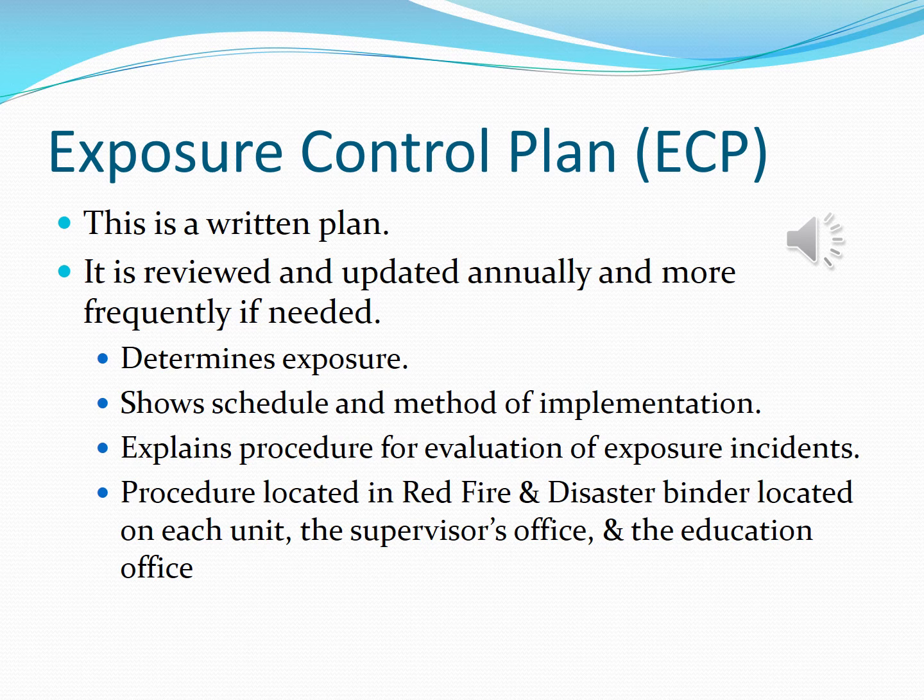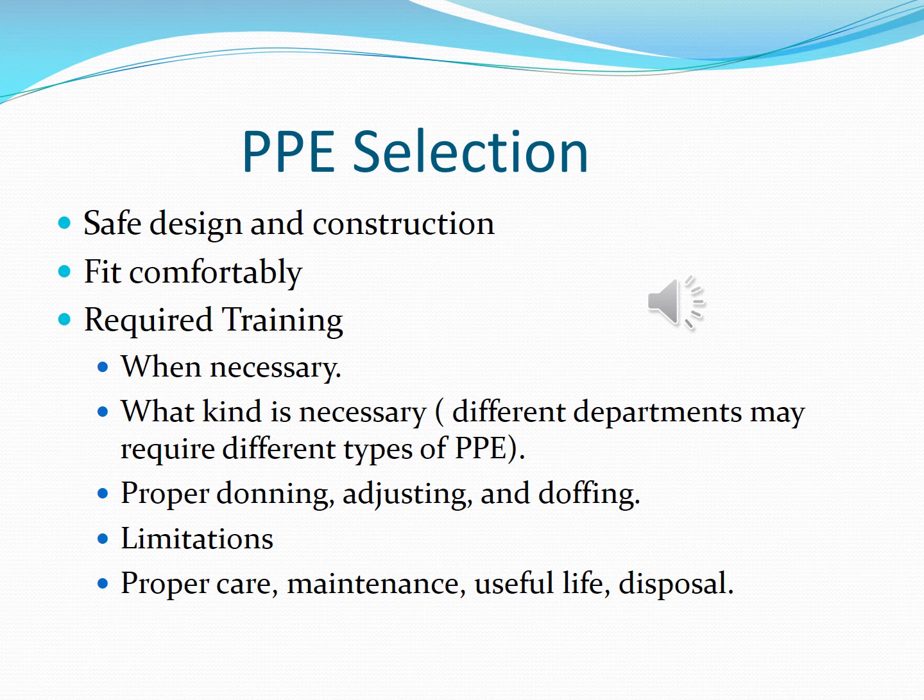When employers are selecting personal protective equipment, it must have safe design and construction, and it must fit comfortably. There must also be required training. The required training must include when the PPE is necessary, what type is necessary, and if different departments require different types of PPE, the proper donning, adjusting, and doffing, the limitations of the PPE, the proper care, maintenance, useful life, and disposal.